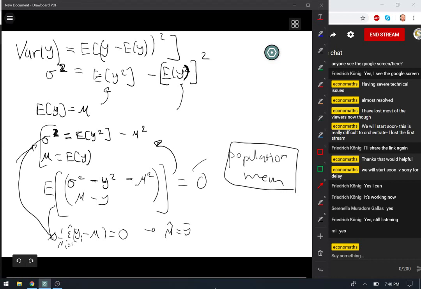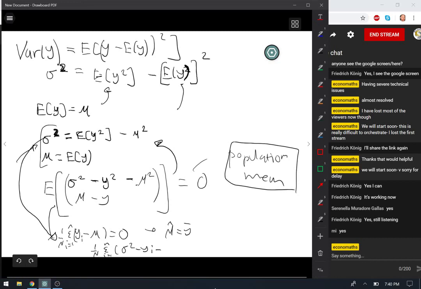Then for the one above, we've got the average, 1 over n, sum from i equals 1 to n of sigma squared minus (y_i minus mu) squared. Remember, the sample estimate is going to be mu hat. Evaluate this at mu hat and sigma, set it equal to 0, rearrange, and you get sigma hat squared: the sample average of y squared minus mu hat squared.